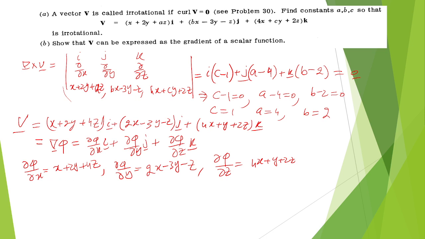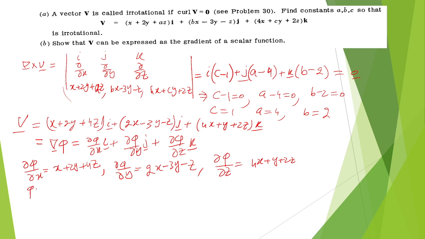So integrating with respect to x the first one, with respect to y the second one, and with respect to z the third one, we can find phi. The first one is integrated with respect to x.